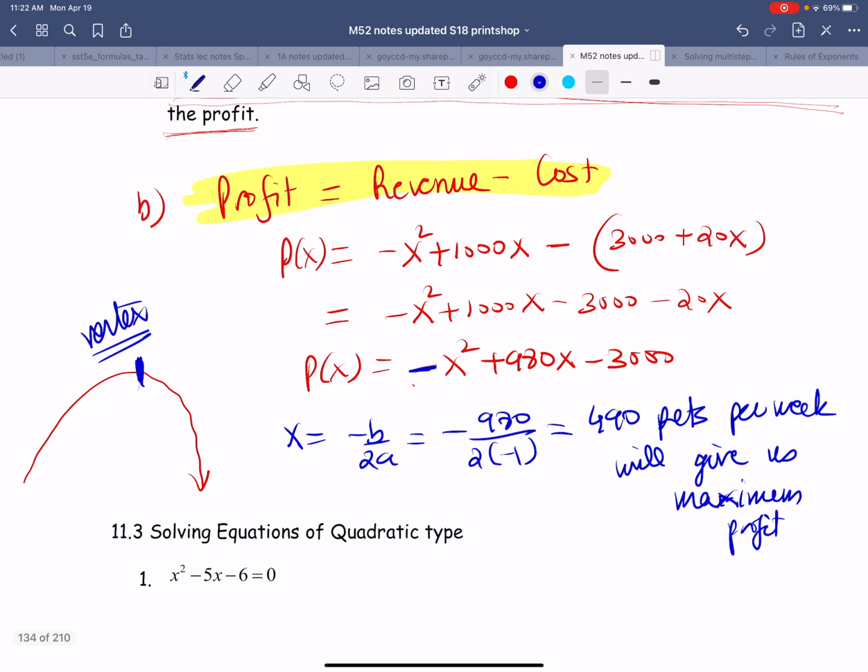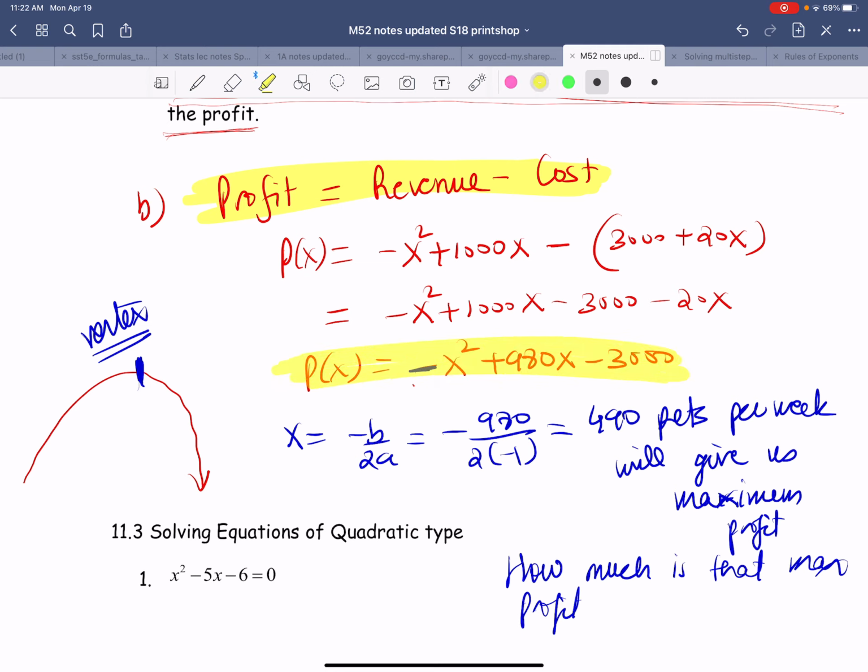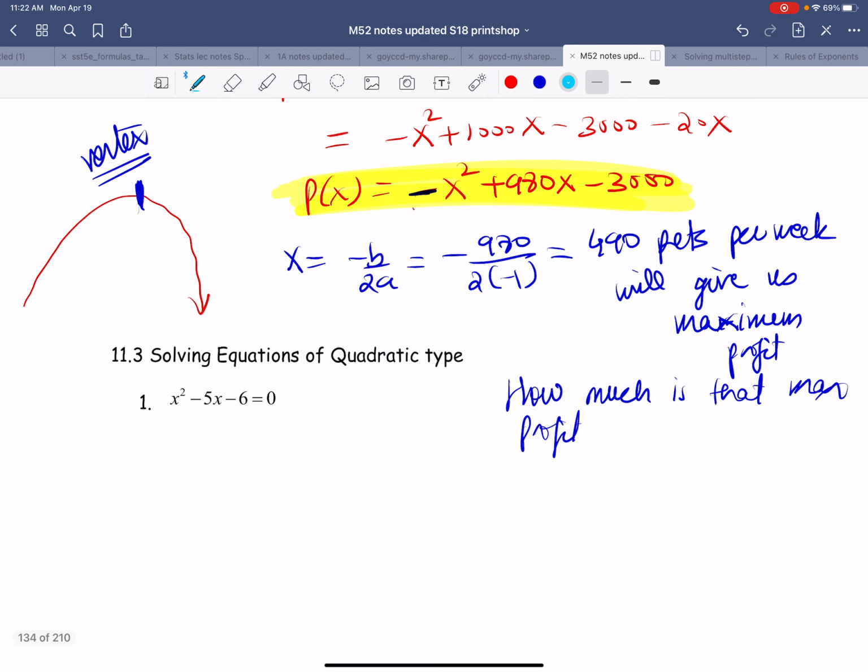And we also want to find out what is that maximum profit. So to find that out, we are really trying to figure out how much is the profit when x is 490. So I'm going to plug 490 for x in here and find out what is the maximum profit.